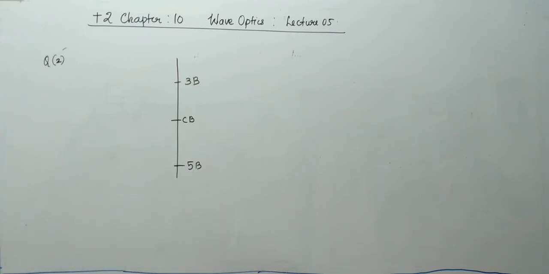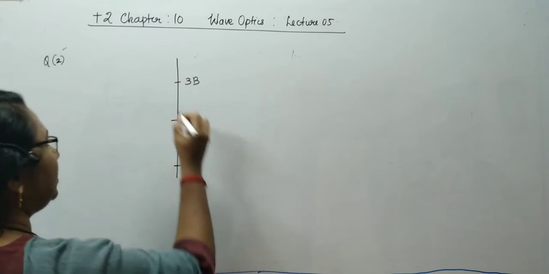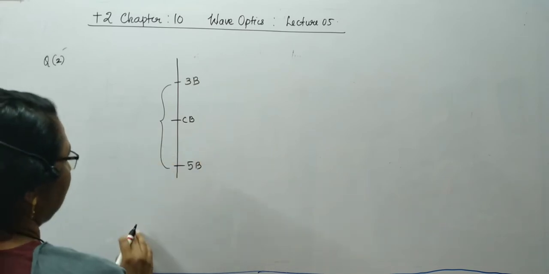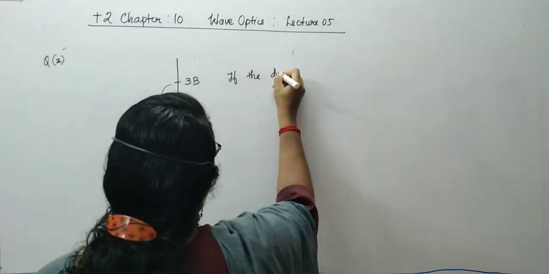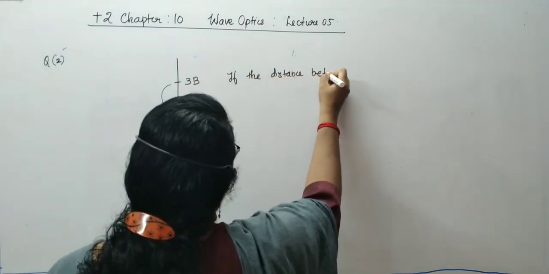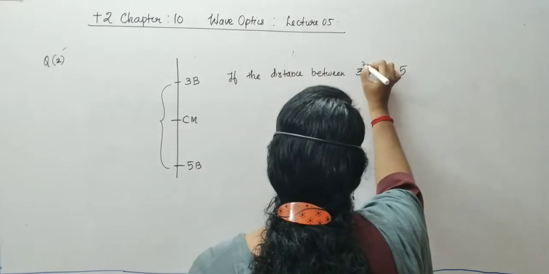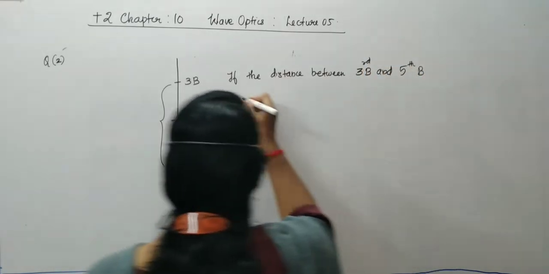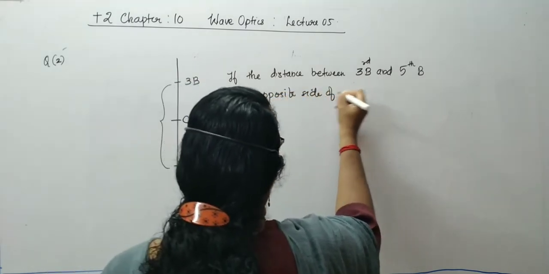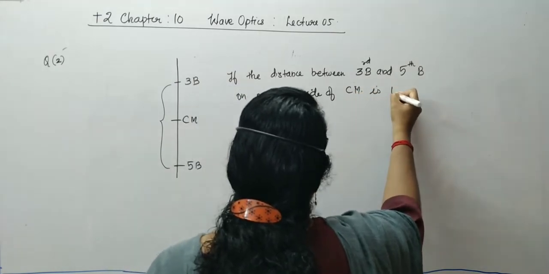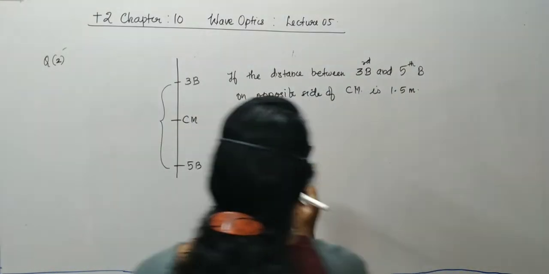If the distance between the third bright and the fifth bright on opposite sides of the central maxima is 1.5 meter, find the bandwidth.